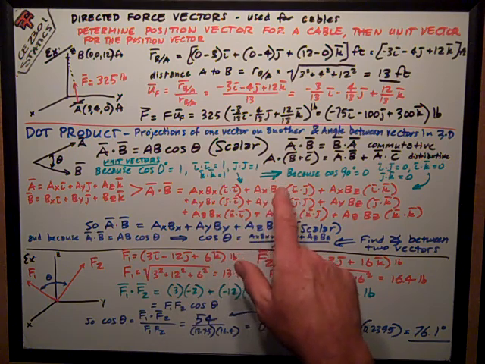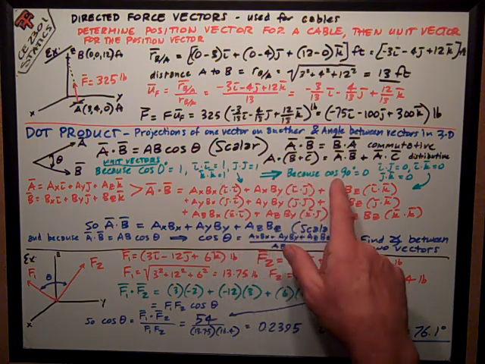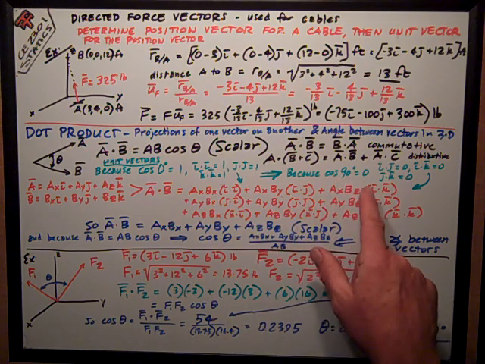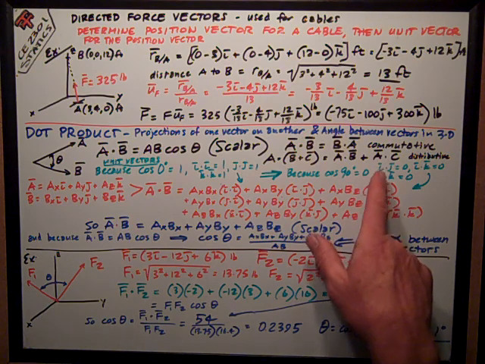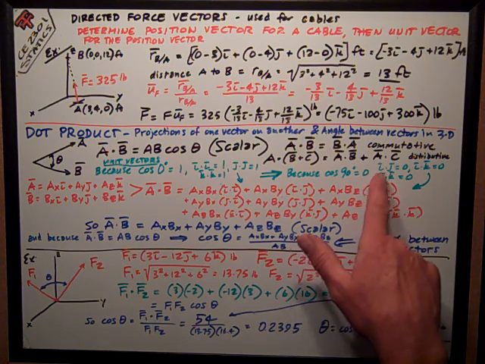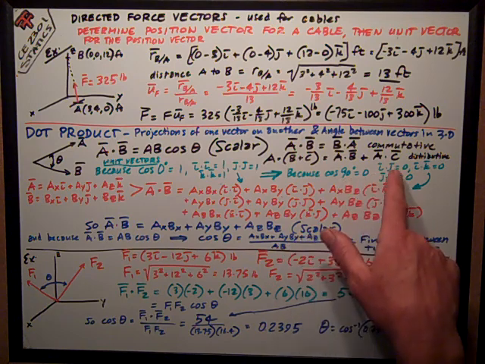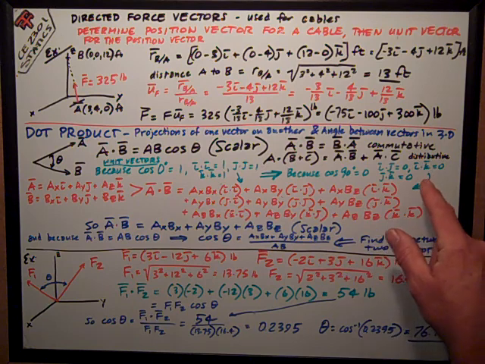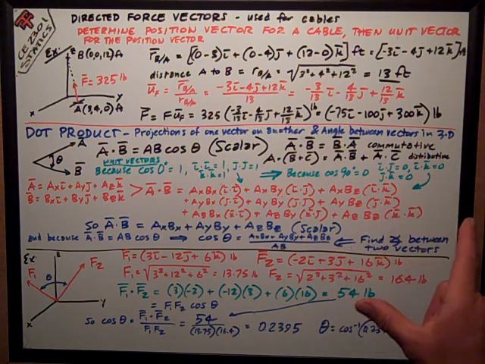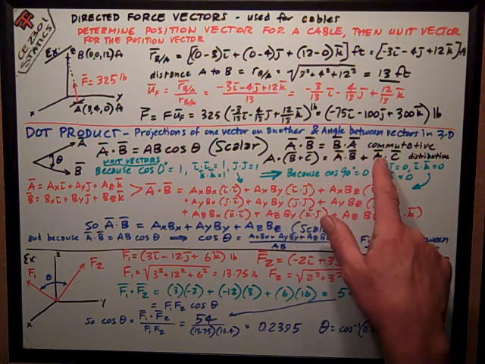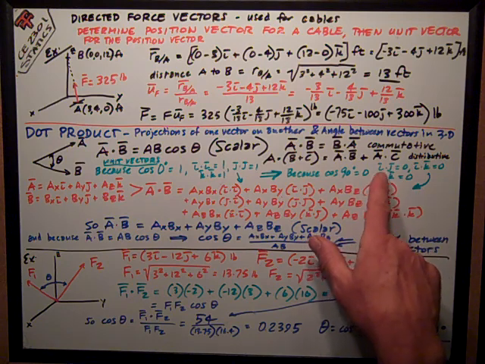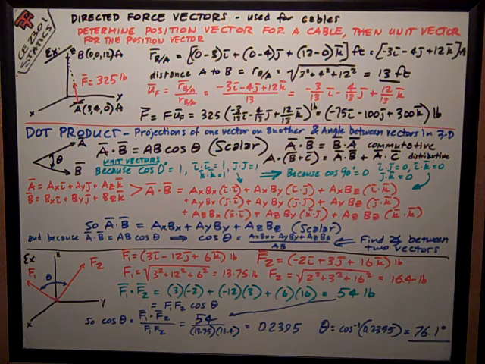Similarly, but opposite, because the cosine of 90 degrees is equal to 0, i and j are perpendicular to each other. So i dot j is equal to 0. Similarly, i dot k is 0, j dot k is 0. Because they're perpendicular. Because of the commutative law, I can reverse that. j dot i is equal to 0.